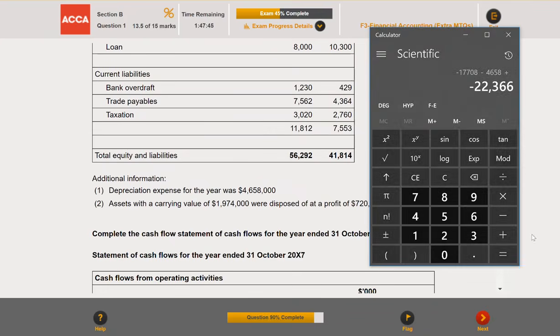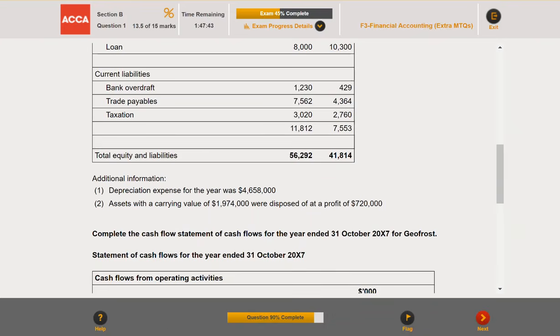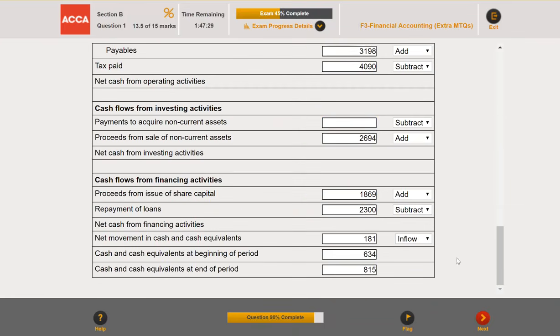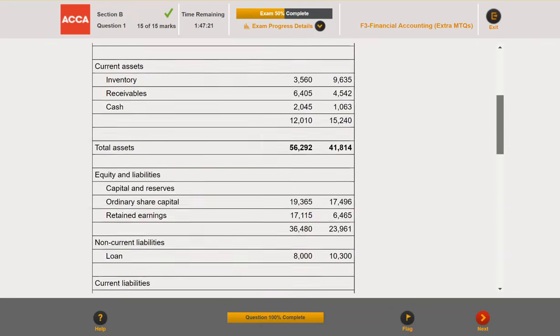And then we have disposal. The net book value of the disposed asset should be removed. Minus 1974. It will give us the difference, which is 24,340. 24,340 is the purchase of the non-current assets. So this completes our cash flow question.